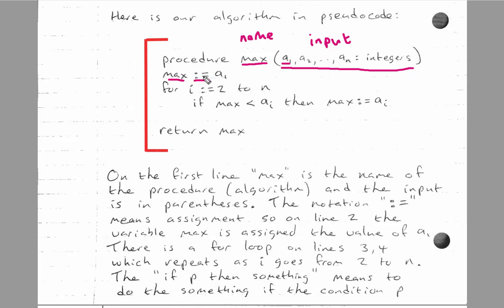Colon equals, what's that about? So that's assignment. So we're assigning the value of whatever A1 is to max. All right, so this is very common. We use equals for when we're comparing two things, but assignment when we're giving a variable an assigned value.